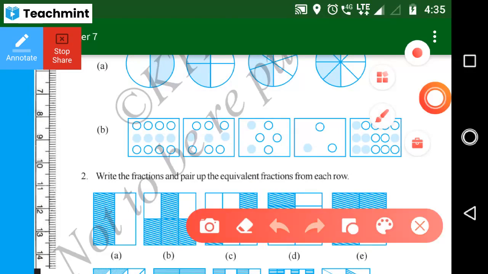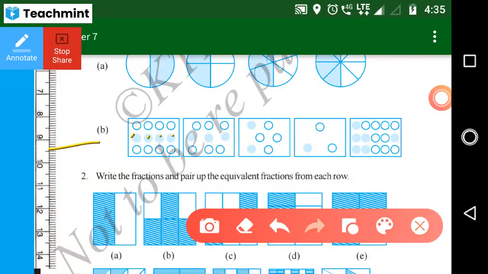Second one, yes. Wait. First one fraction, Gargi. Ma'am, 8 by 9. So you just write this one is the shaded part. Total number of circles?